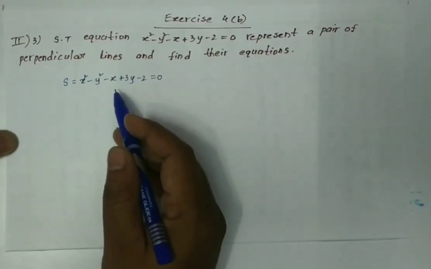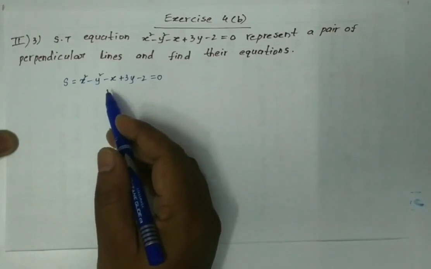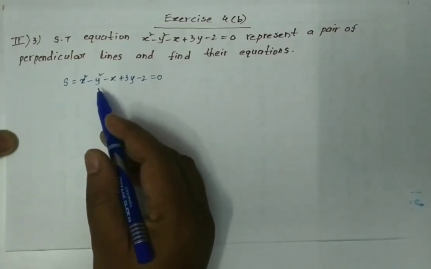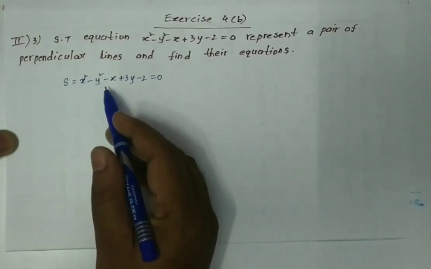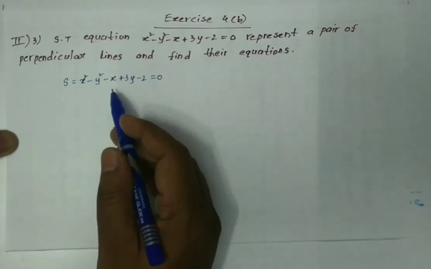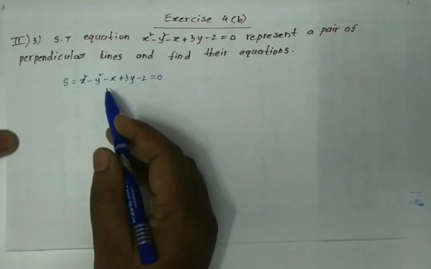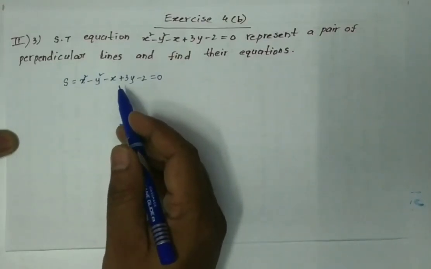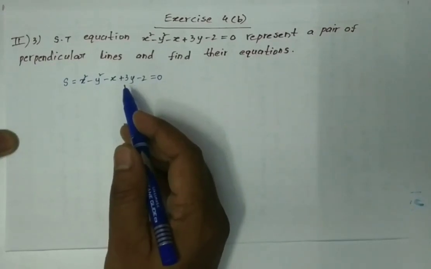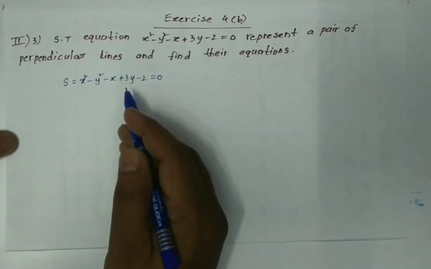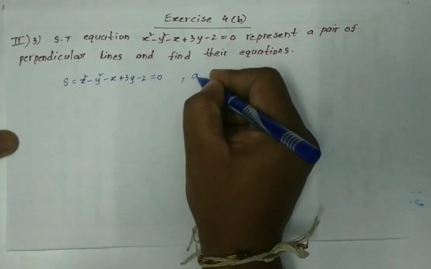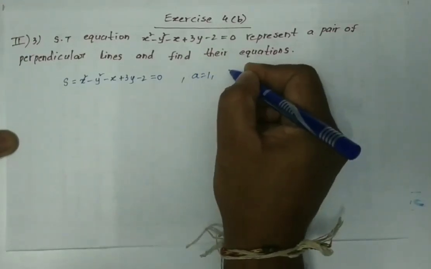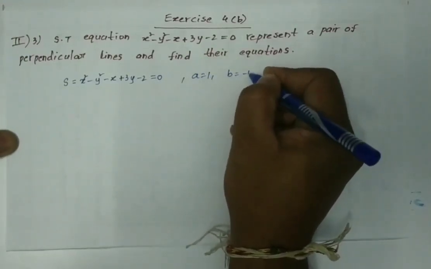By comparing, we get the values a is 1, b is minus 1.